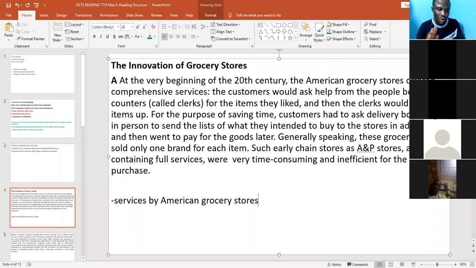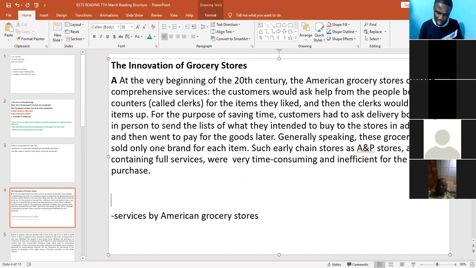The purpose for this is that when you properly capture your main idea, for example, if I have a paper and I say PA, that is paragraph A, this is what I have: services by American grocery store in the 20th century, period. That is it.